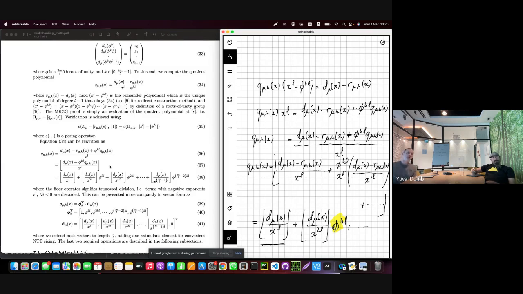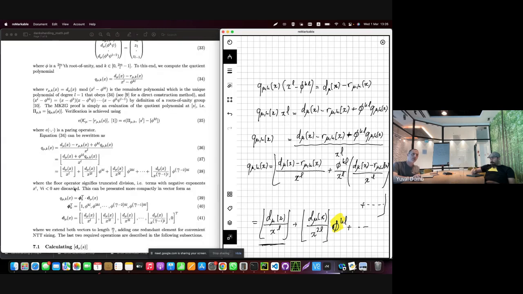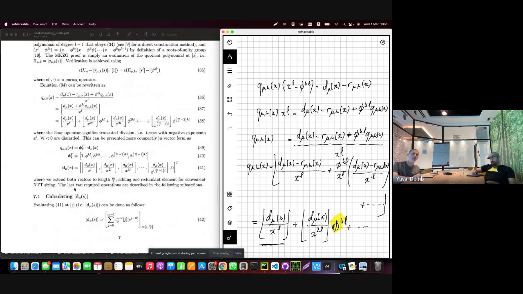All right. So if that's true, then I would like to present equation 38 in a vector form. Okay, and that's exactly equation 39. How do I do it?